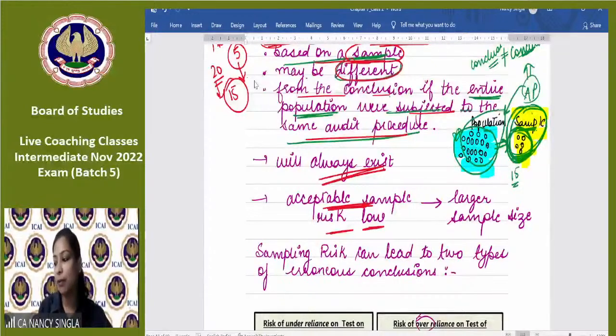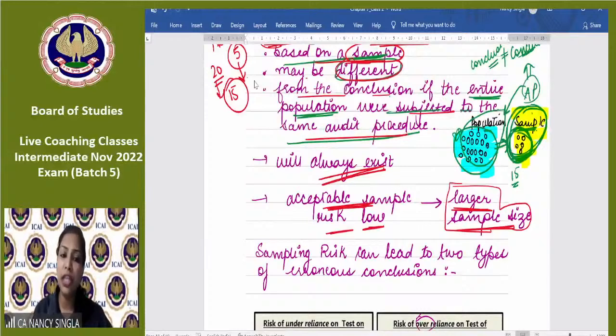And how will that be possible? By taking a larger sample size. Sampling तो कर लो ना auditor, because inherent limitations of audit हैं, time and cost are involved, so 100% checking is not possible. But apply your professional judgment, take a larger sample size wherever it is required so that you can reduce the sampling risk to an acceptably low level.